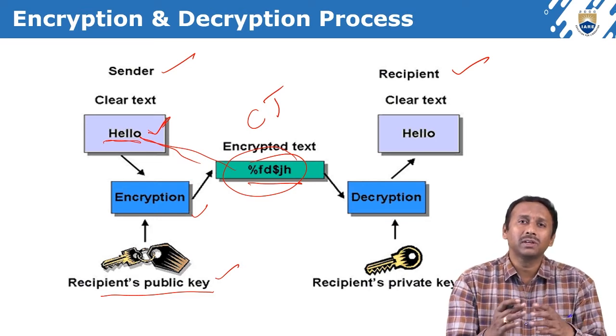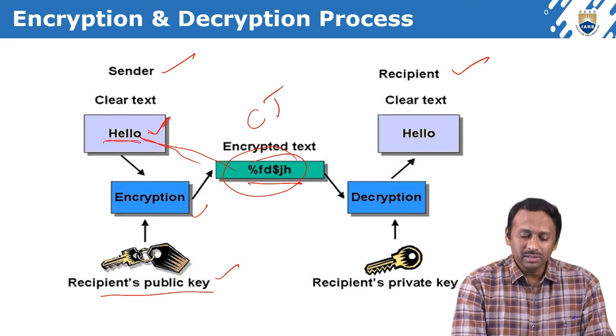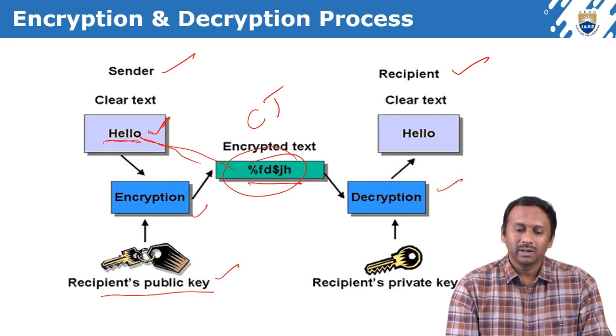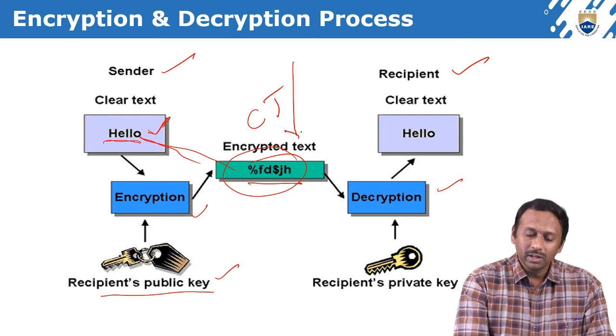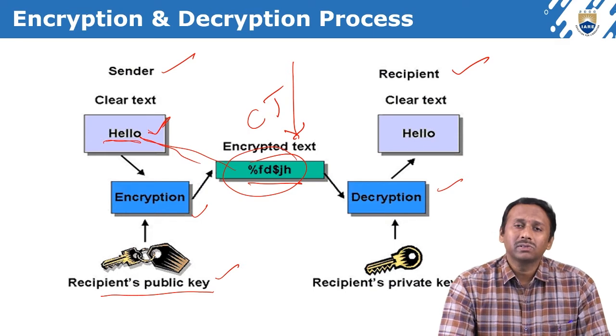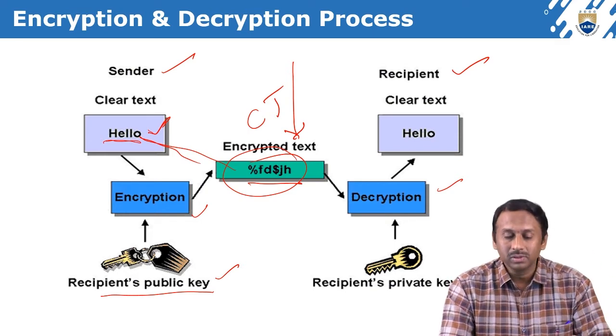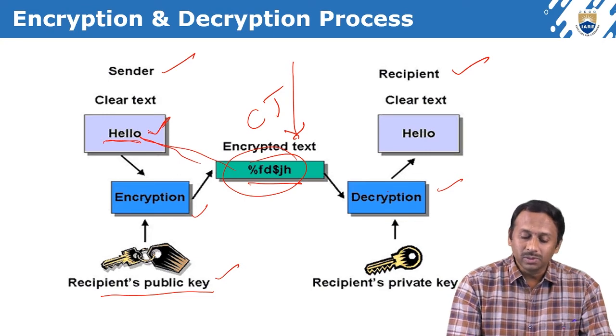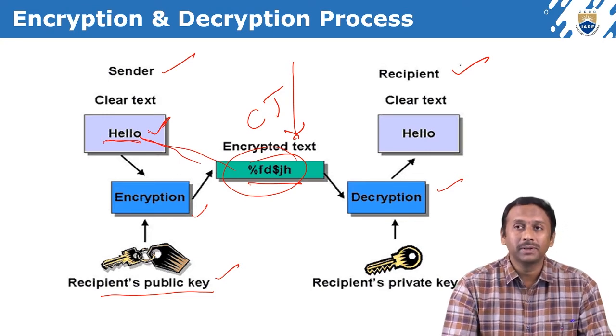Like this it's going to be converted, and this is going to reach the recipient side. Even if any intruder steals this particular message, the intruder also cannot understand what the message is exactly, isn't it? Now the decryption is going to be performed at the recipient side.